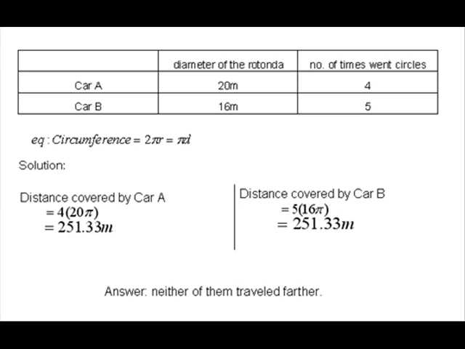In car B, the distance it covered is equal to 16 meters, which is the diameter, times pi times 5, which is the number of times it went in circles. The answer will be 251.33 meters. The distance covered by the two cars is the same, so the answer is neither of them traveled further.